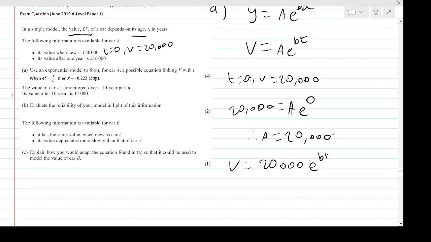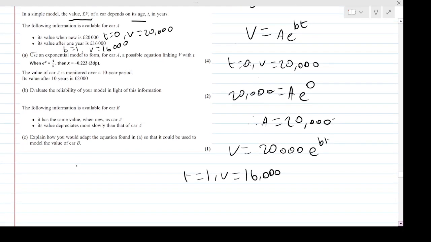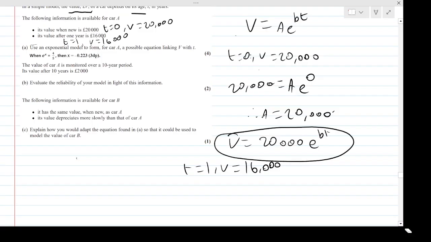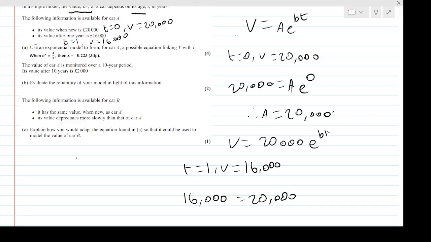That's where this next bullet point will come into play. We're told the value after 1 year is 16,000. So that means after 1 year, t is 1, so v is 16,000. If we plug that into my model, 16,000 is going to be 20,000 e to the bt, and if t is 1, it's just e to the b.